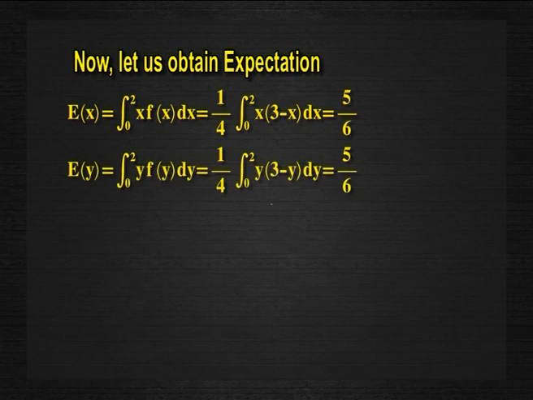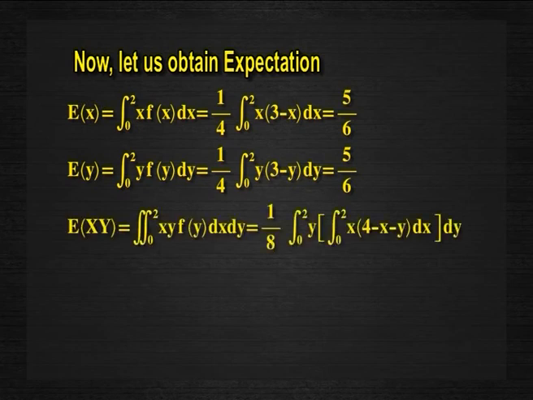Expectation of y is equal to the integral from 0 to 2 of y times f of y dy, which is equal to 1 divided by 4 times the integral from 0 to 2 of y times (3 minus y) dy. On integration and simplifying, we get 5 divided by 6.